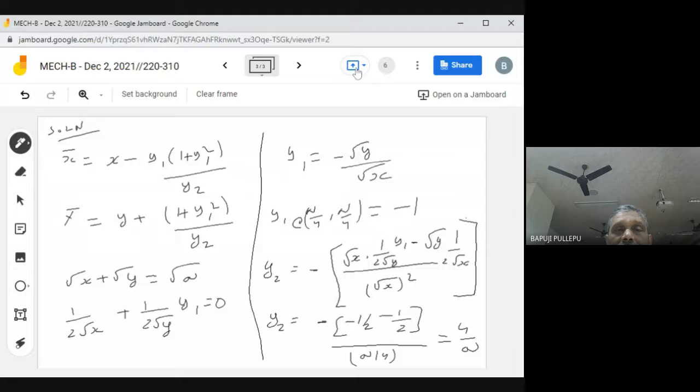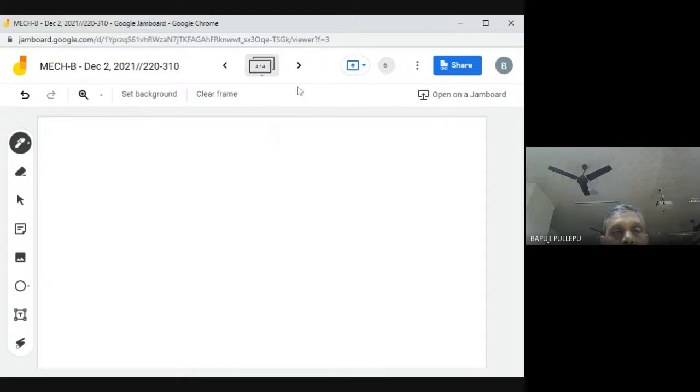Now come on, find the center. What is the formula? x bar is equal to x minus y1 into (1 plus y1 square) divided by y2. Who is x here? A by 4.